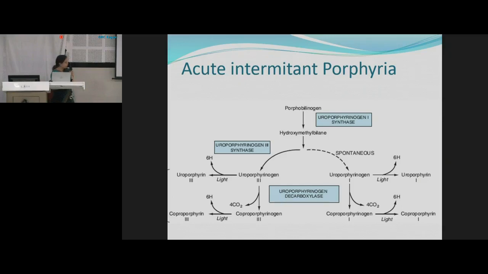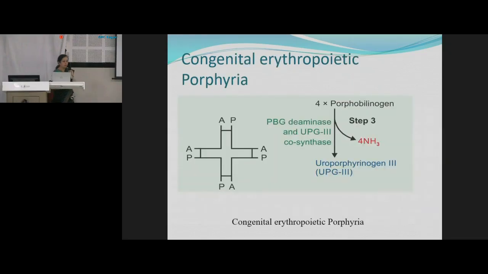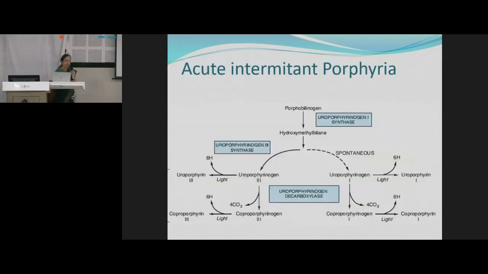Now why this neuropsychiatric and abdominal pain occurs? It is said that this ALA and PBG inhibit the ATPase. So because of that, there is inhibition of the nerve conduction, or there is nerve conduction paralysis. So paralysis of nerve conduction may lead to the symptoms, that is neuropsychiatric symptoms, and also to abdominal pain. So vomiting, abdominal pain.